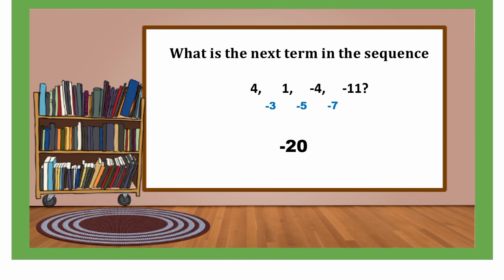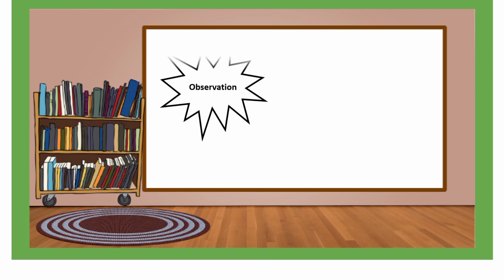So, if negative 9 is the difference, then negative 11 plus negative 9 is equal to negative 20. Therefore, the next term after negative 11 is negative 20.